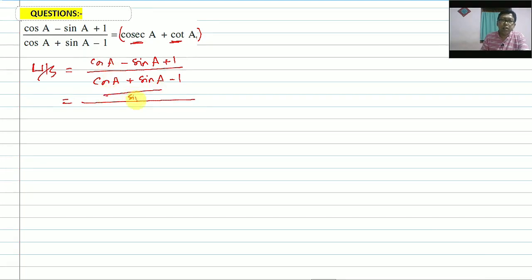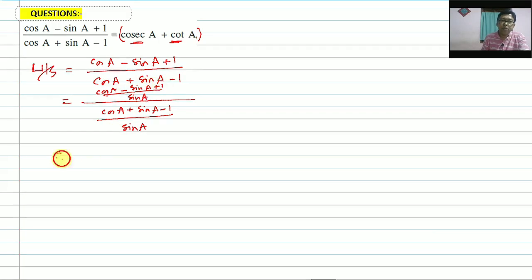Sine of A whole divided by sine of A. Right, cos of A plus sine of A minus 1, and it is cos of A minus sine of A plus 1.